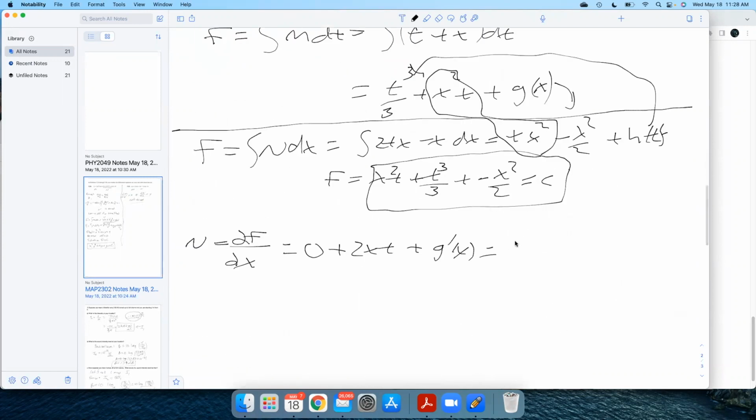So that's supposed to be 2tx minus x. Look, those match. That means G prime must be negative x. So we just integrate both sides, dx, and get G, that thing we were looking for.